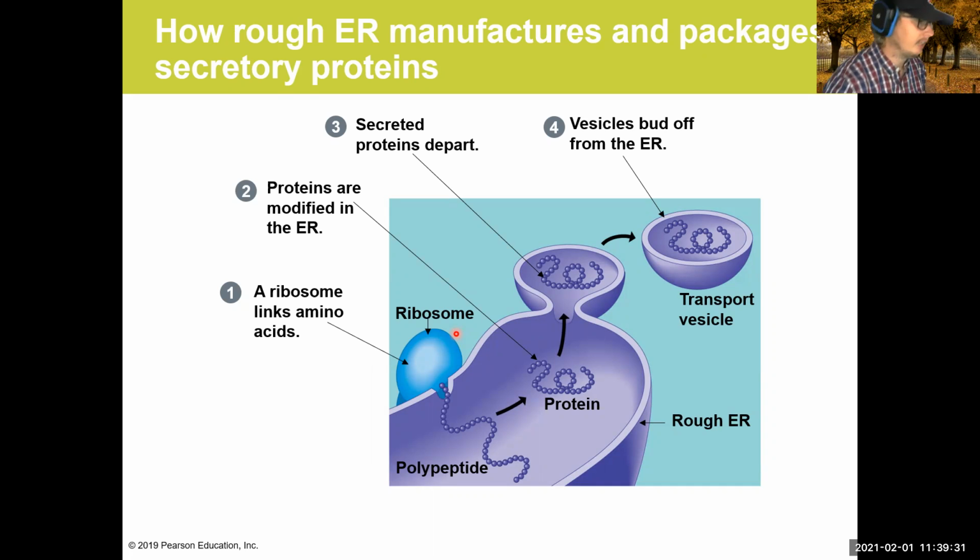So basically you have your ribosome making a protein. You see that protein being made. That protein will then be modified, packaged, whatever needs to be done to it before it's transported off.